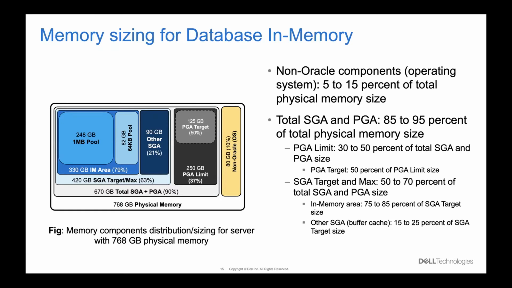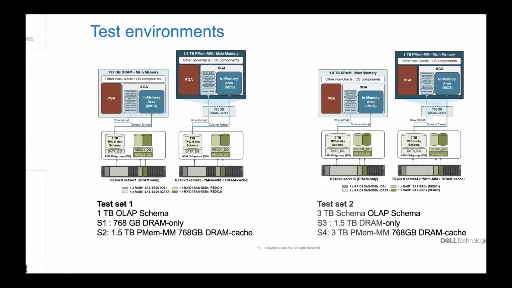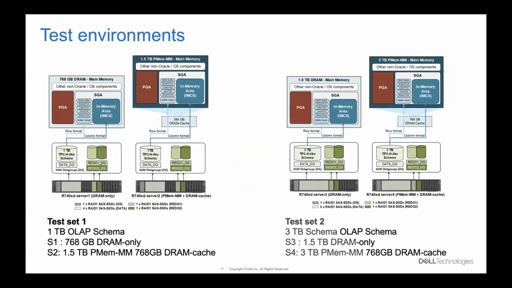At least one test was done with that logic, and other tests were done with the logic of having as much SGA and PGA space as we could imagine for a normal database, and allocating the rest of memory for in-memory purposes. And in the test results, we will see how it fits.